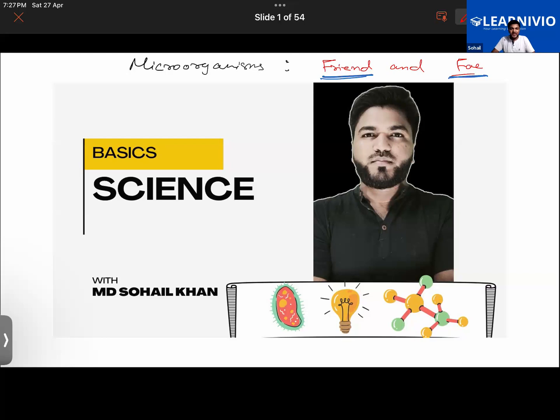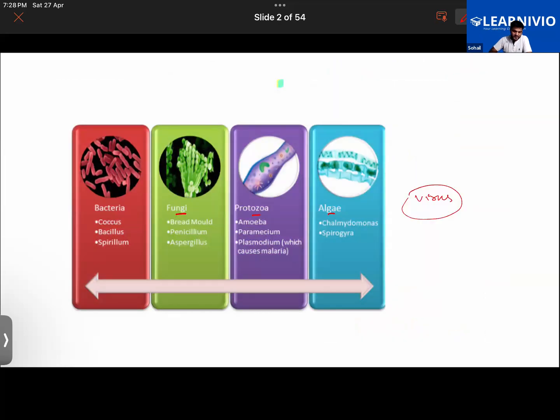Some fungi are edible, like mushroom, which is a fungus. So there are two aspects of these microorganisms. Some aspects are positive, some are negative. So let's first talk about the first group of microorganisms, called bacteria.